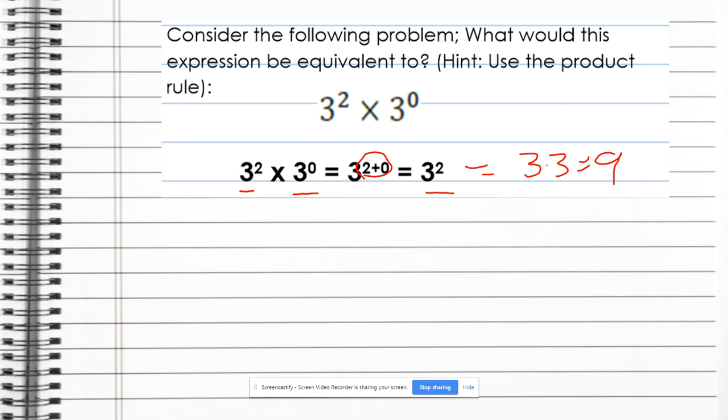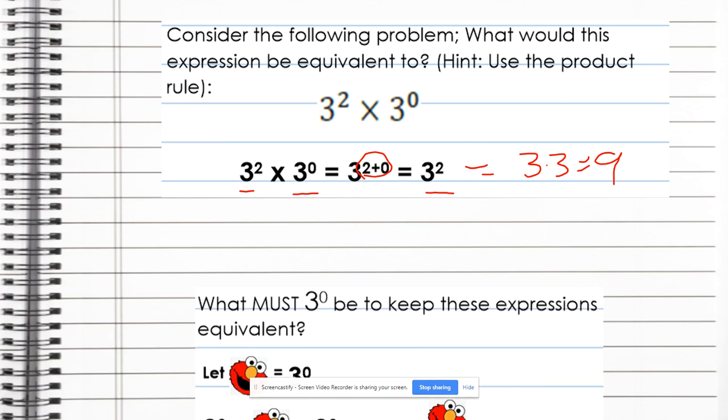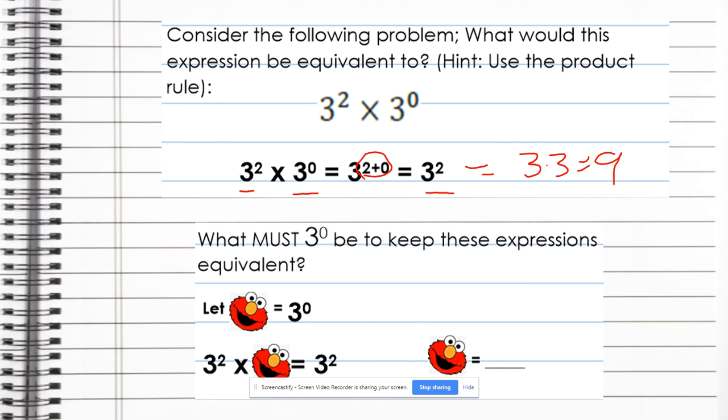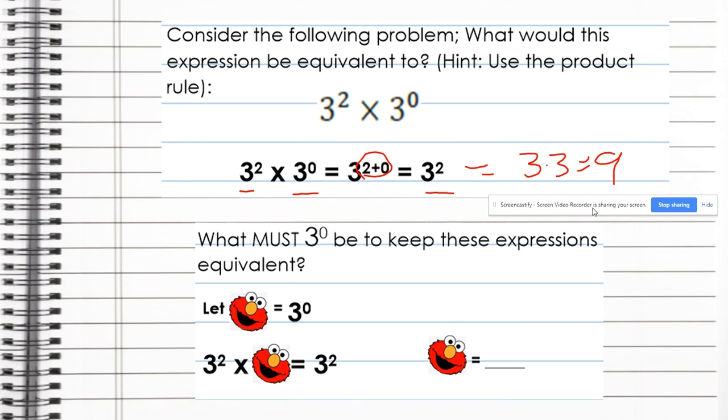So if I know that this is 9, how can I then use the following? If I'm just given a symbol, trying to prove what 0 is and why. What must 3 to the 0 be to keep these expressions equivalent? Remember, I want these expressions to be equivalent.